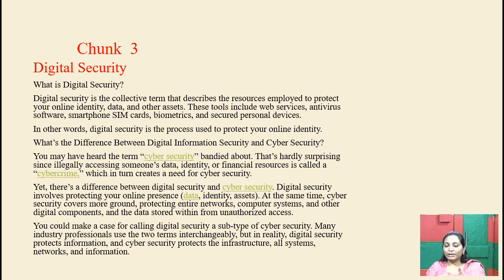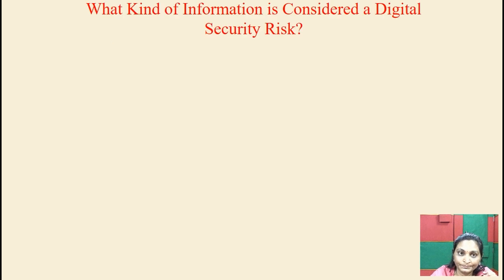In digital security, only online information will be protected, but in cyber security the whole system, infrastructure or network will be protected. What kind of information is considered a digital security risk?